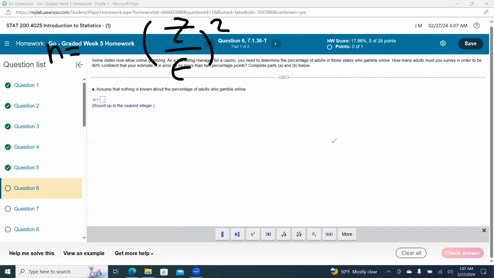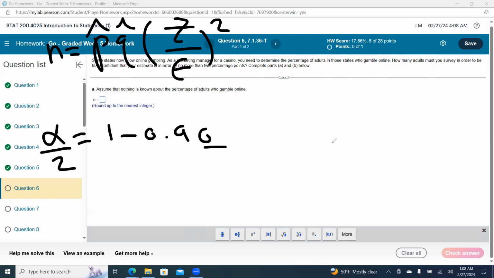So if we look buried in there, they have to give us the E. That's the thing they have to give us. They give us the 90% confidence, which is going to be alpha equals 1 minus 0.9, which is 0.1.